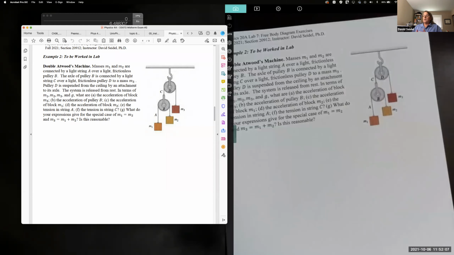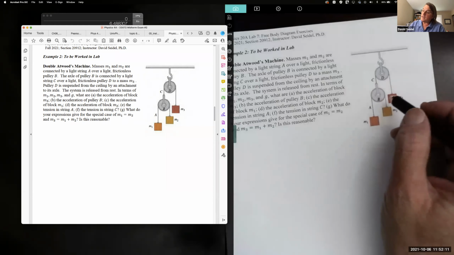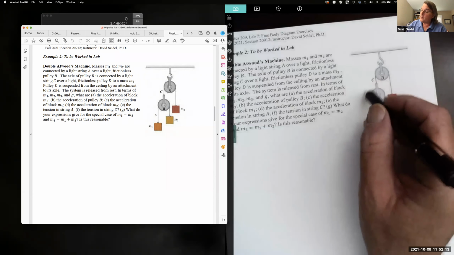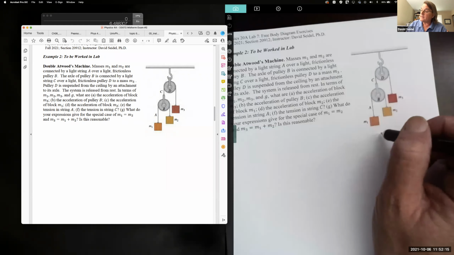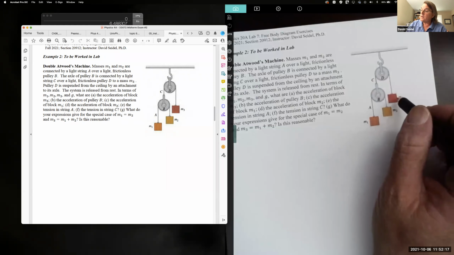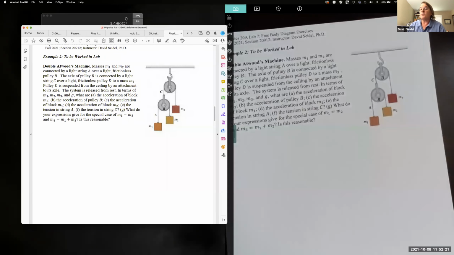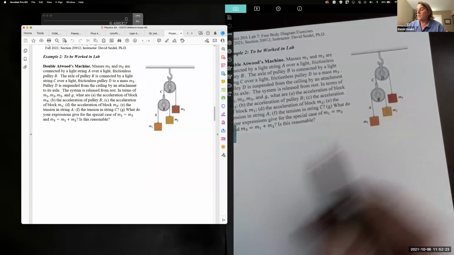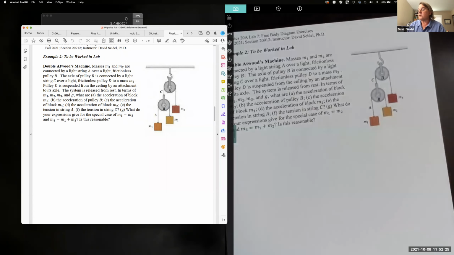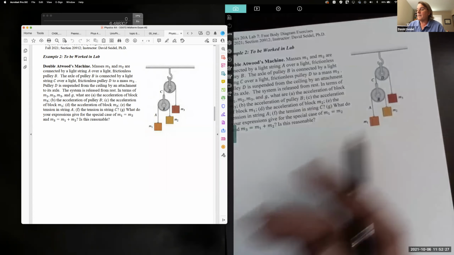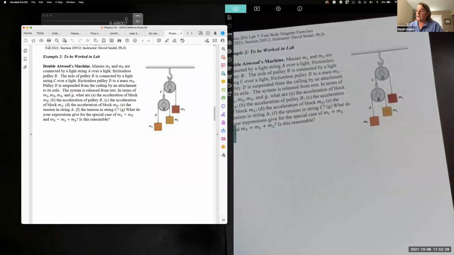Now, you can break up this problem in multiple ways. I could treat this as one more familiar where I have all this mass, M1 plus M2, and M3 on this side to just figure out how M3 is moving with respect to M1 plus M2, or I could break them out. Now I put on this that I want all the free body diagrams.